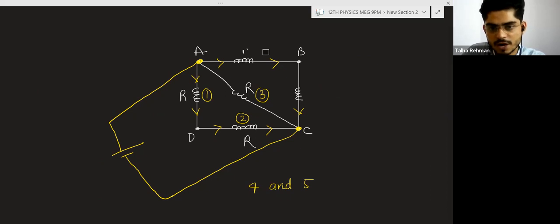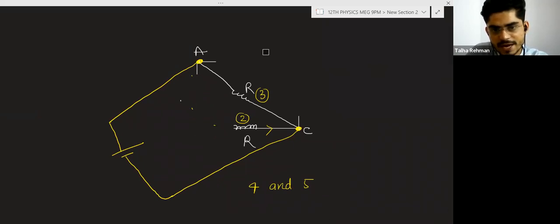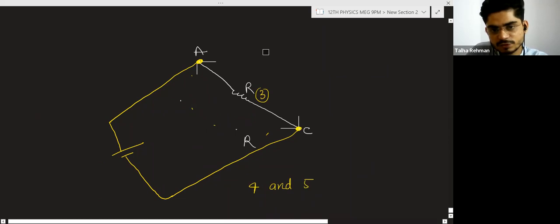Now I am just removing this resistance. Now on this wire, we will have just one resistance. And same is the case here. We will have just one resistance, that is the equivalent resistance of 2R.